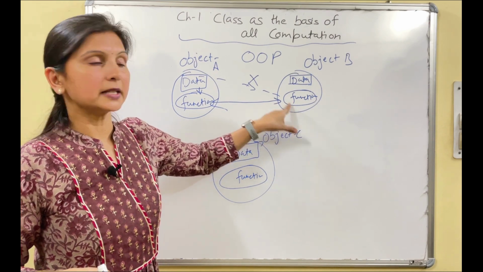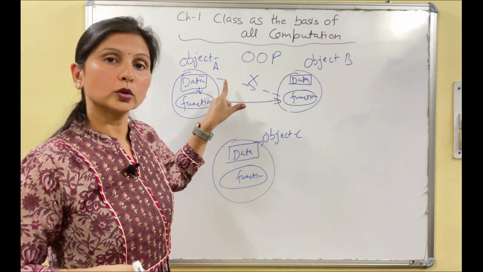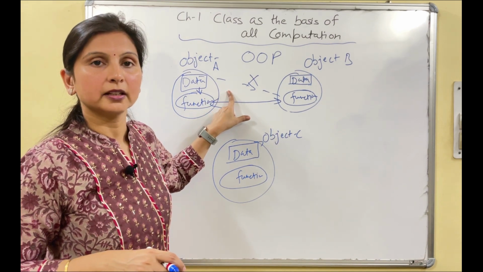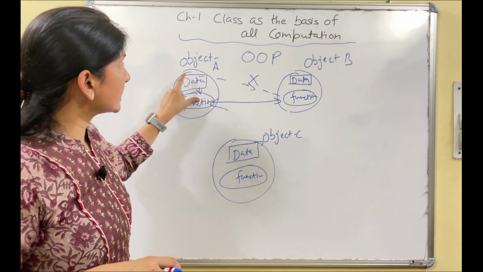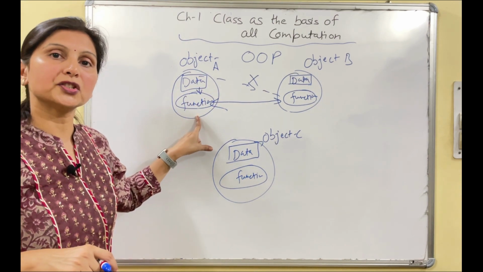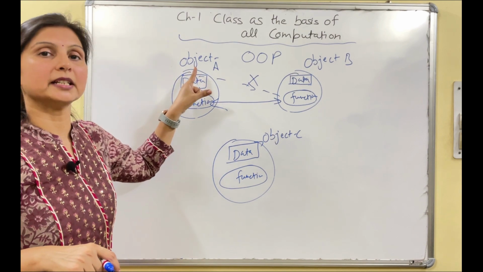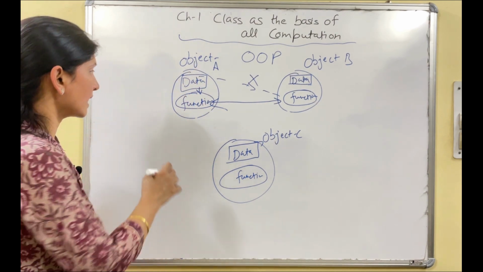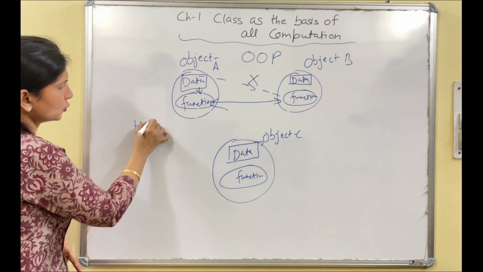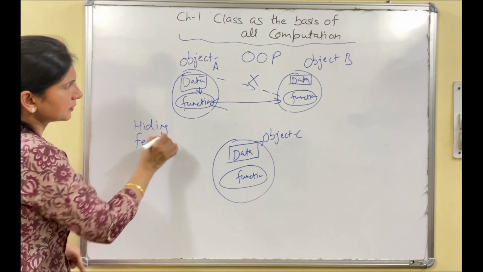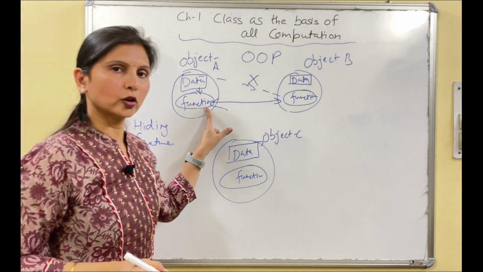So what we have seen? Data is not freely available. Data doesn't flow freely. Data is hidden inside the object, and this hiding feature was not present in POP. So OOP has a hiding feature which hides the data inside the object.